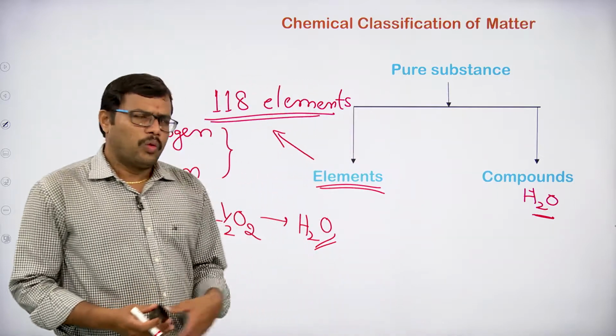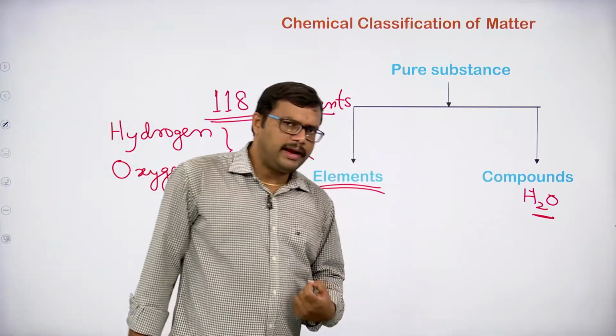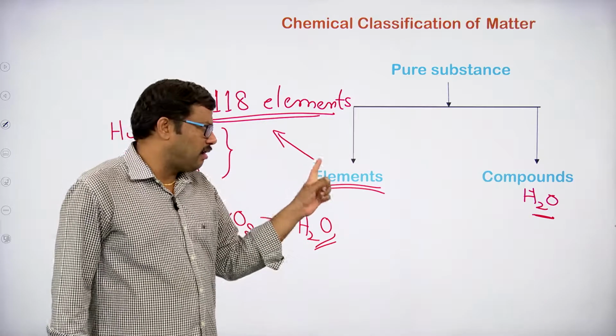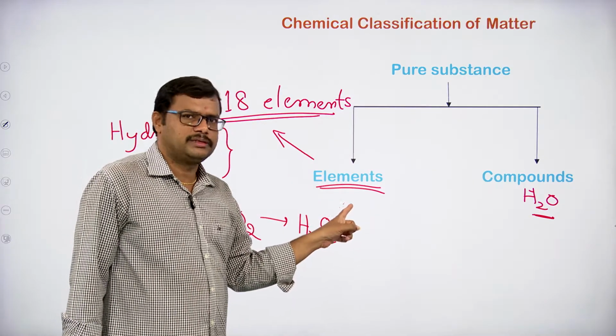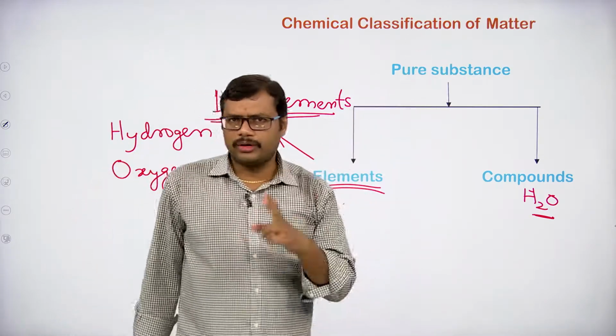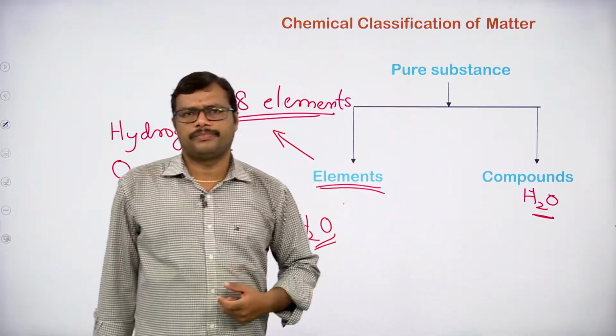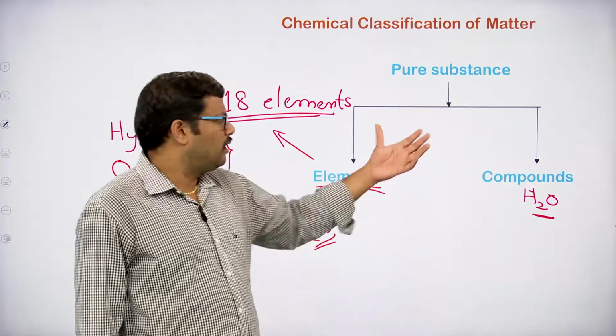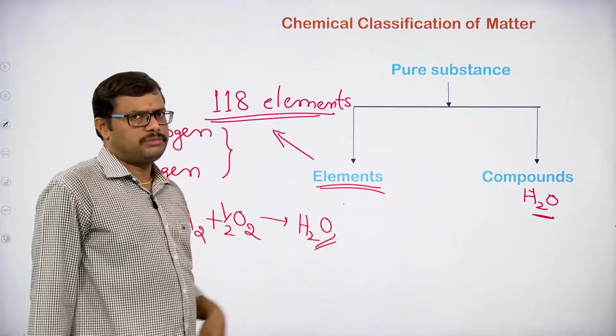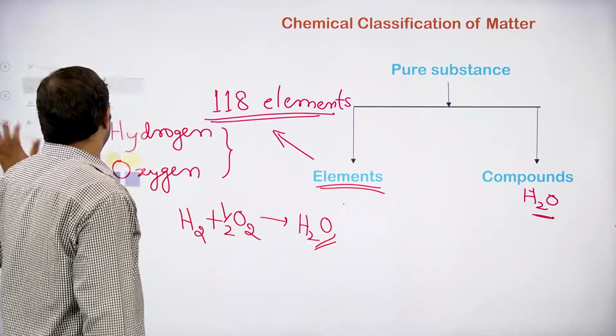How is a compound obtained? A compound is obtained by the combination of atoms of elements. So, pure substance can be of 2 types: one is element, the other is the combination of elements, that is compound. Elements and compounds can be taken as pure substances.